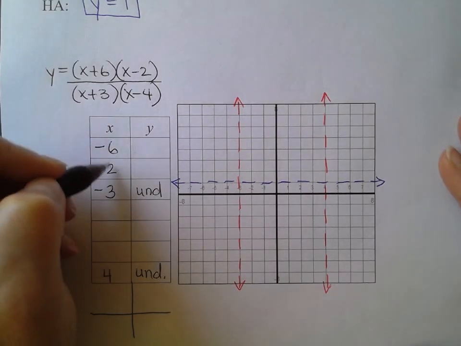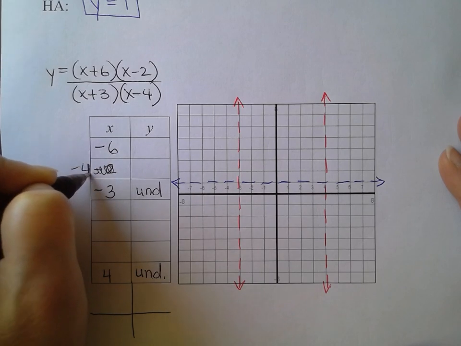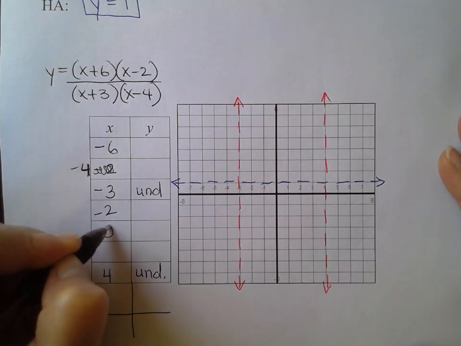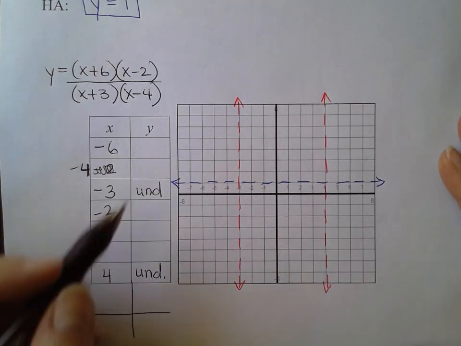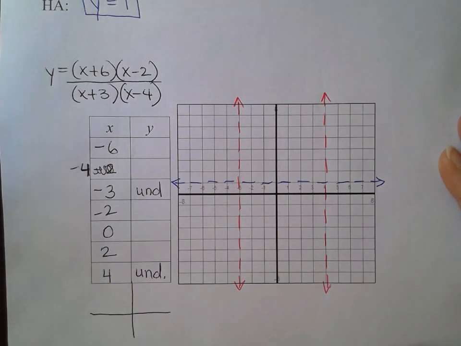Sorry, let's make that -4. Let's put -2 on this side. 0 gives us the y-intercept, and then the other x-intercept is going to be at 2. So that would be a good choice. Maybe a couple numbers bigger than 4. Right, that looks like a lot, but hopefully some of them will be pretty easy.